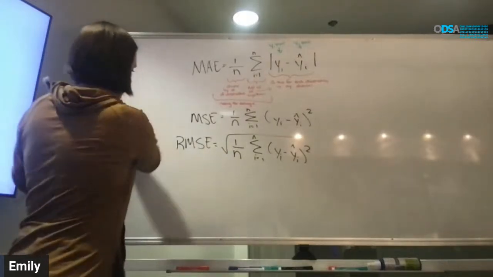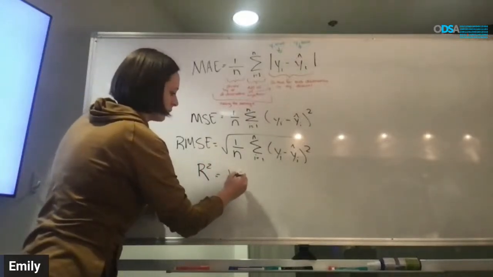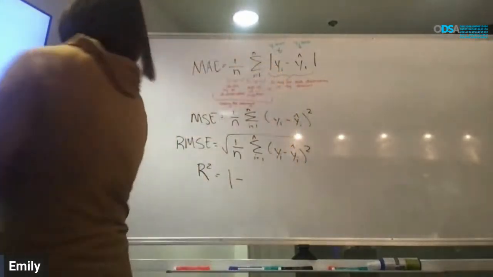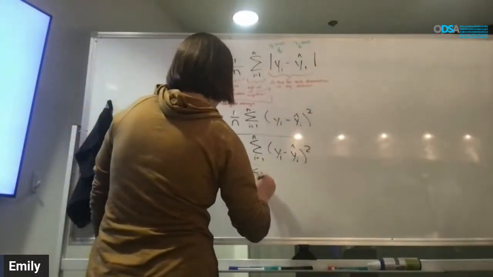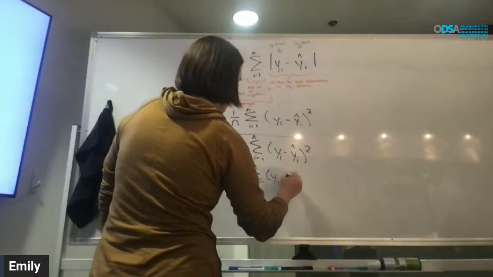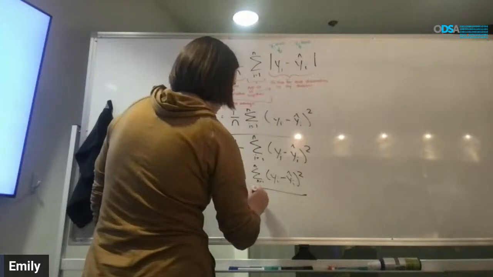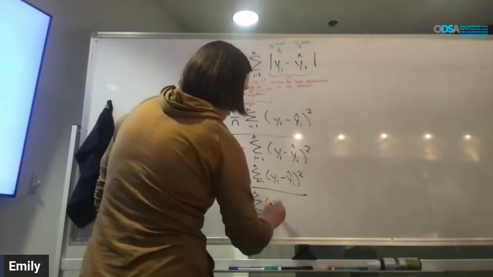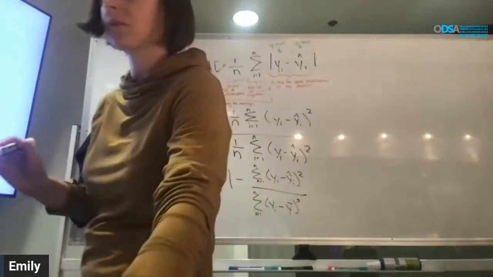R squared is equal to 1 minus the sum from i equals 1 to n of (y_i minus y hat_i) squared, all over the sum from i equals 1 to n of (y_i minus y bar) squared.